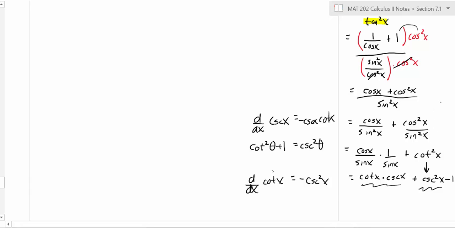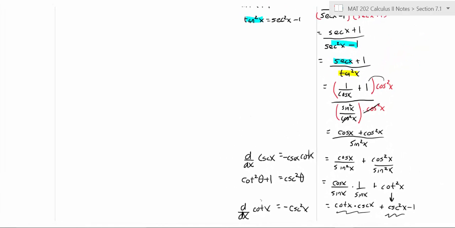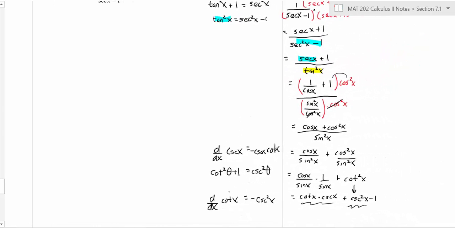Okay, so all of that trig manipulation, everything that I did right there, is basically just playing around with this until you get something that'll match up with one of the rules. So we're going to rewrite this as the integral of cotangent x cosecant x plus cosecant squared x minus 1 dx. That's what we're going to work with.